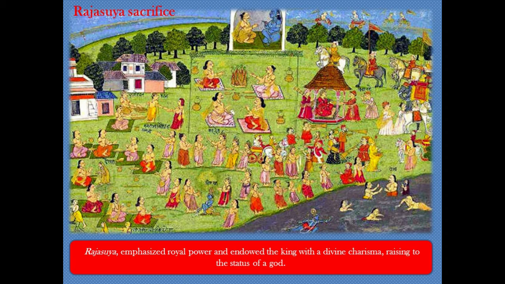The major duty of the king was to protect the tribe, because more often there used to be quarrels and conflicts among different groups of Aryans or different groups of tribes. So to keep them safe and protect them from any harm from the enemies, he had to defend his kingdom.